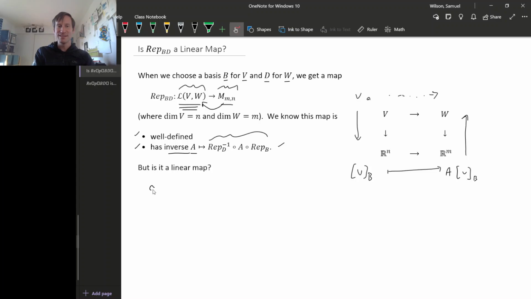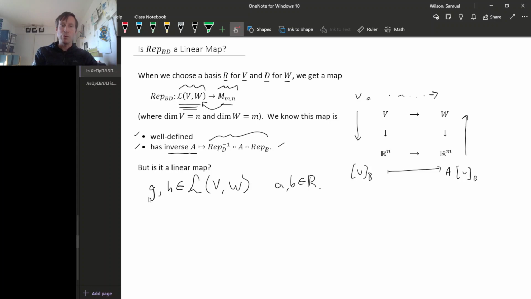For us, these things in the domain are themselves linear maps. So G and H, these are linear maps from V to W, and take two scalars, maybe we'll call them a and b, in the real numbers.